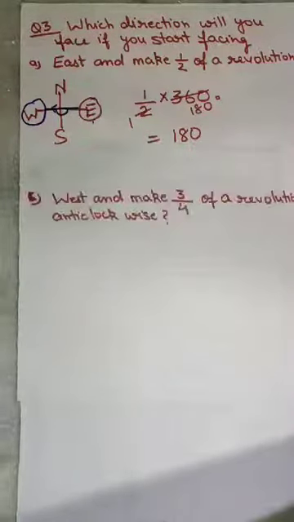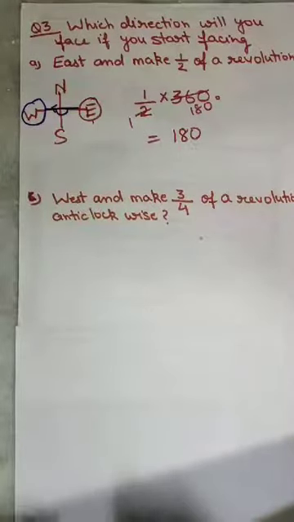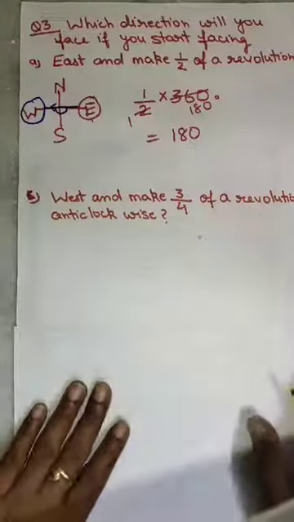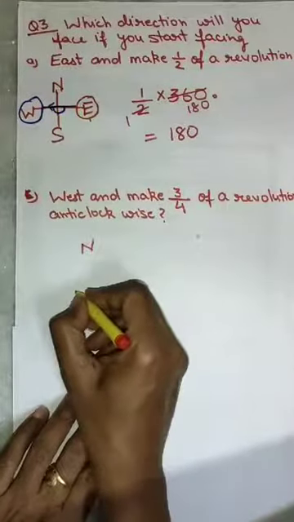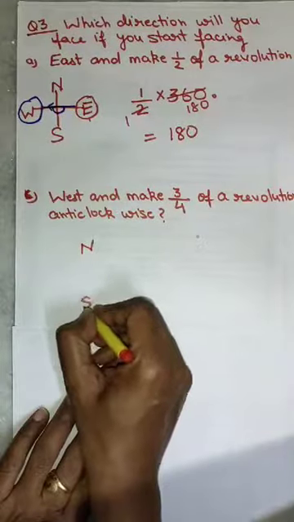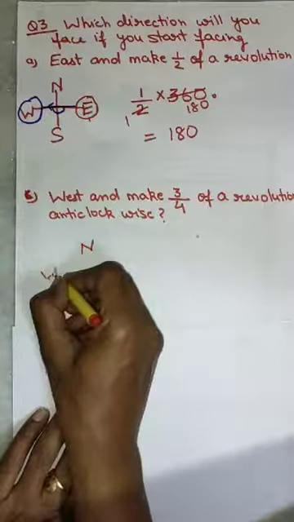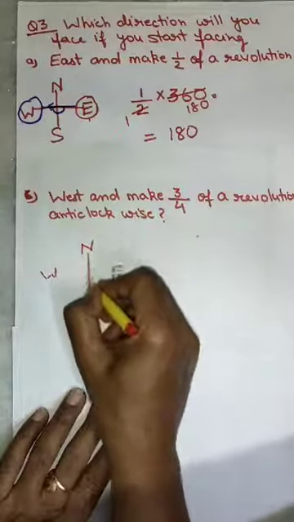See its C part, I am taking the C part. When you start facing west and make 3/4 of a revolution anti-clockwise. In this part it is anti-clockwise. That's why I have taken this now. Let's again make a direction clock. North, south, west, east.